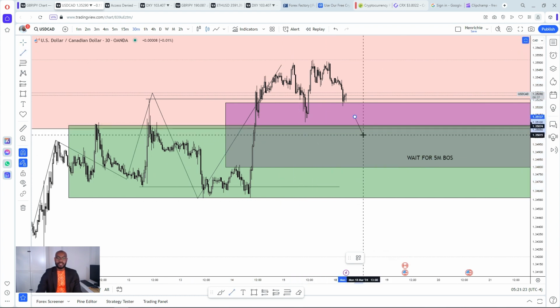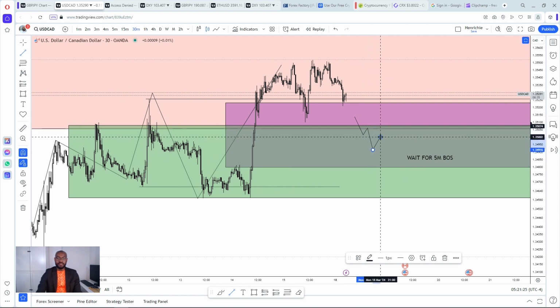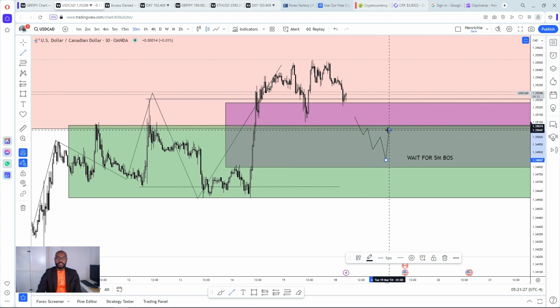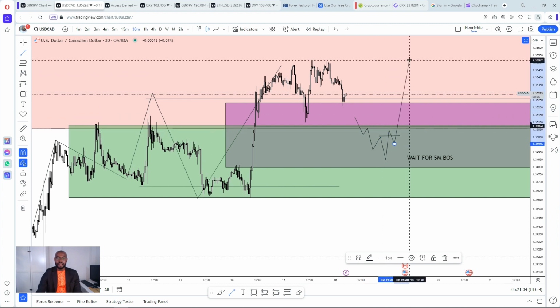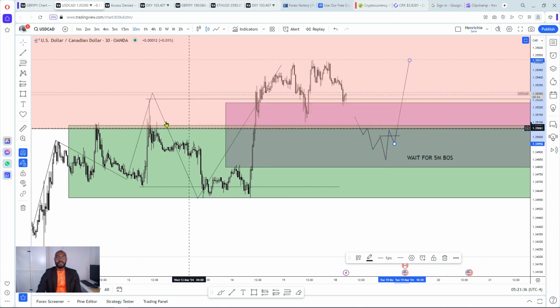I'm going to outline what that's going to look like. So if I do see price come in here and break structure on the 5 minutes or 15 minutes time frame, then I'll be looking for a retest and then continuation to the upside.